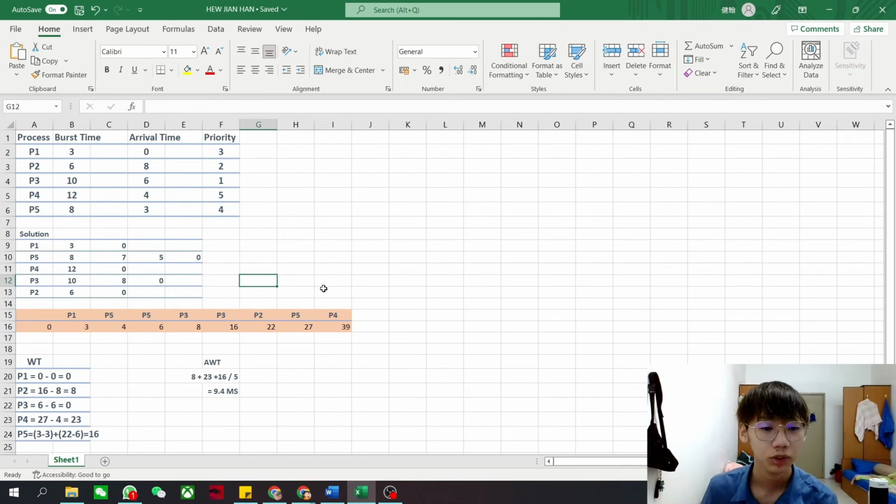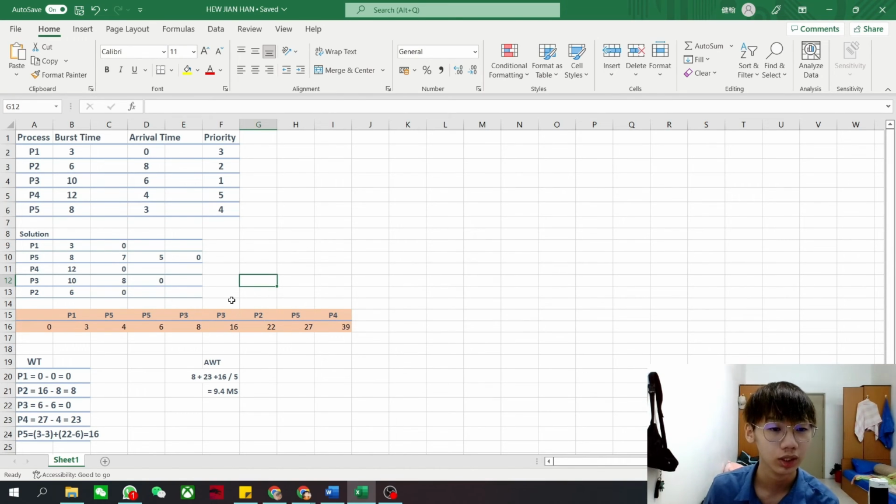Then P3 is incoming at 16 milliseconds because P3 has a burst time of 10 and it has 2 milliseconds left. Then 10 minus 2 is 8. 8 plus 8 is 16.